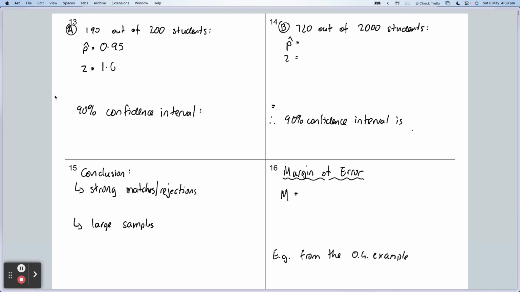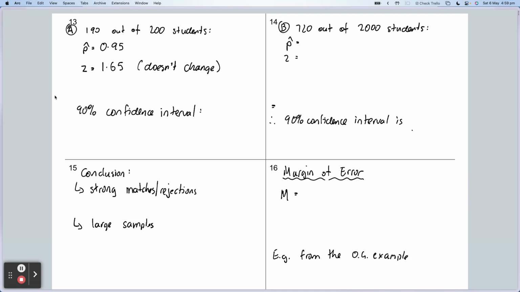I'll just do it to 2 decimal places to make it a bit faster, because I'm going to use all decimal places from the calculator. So the Z value is 1.65. It doesn't change. So once you start knowing your Z values, you're kind of okay. If you think about it, there are certain confidence intervals that you already know the Z values for. If you think about the 68, 95, 99.7 rule.